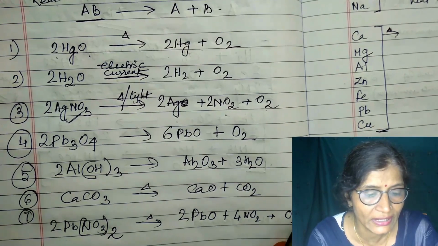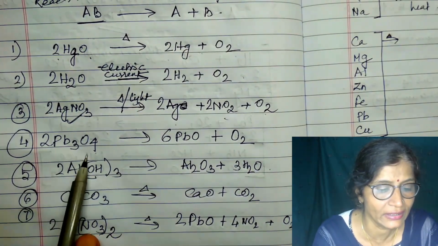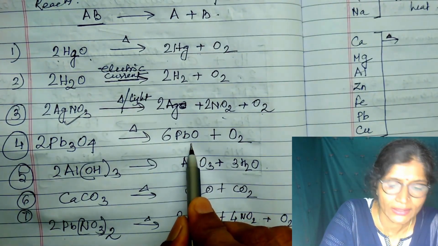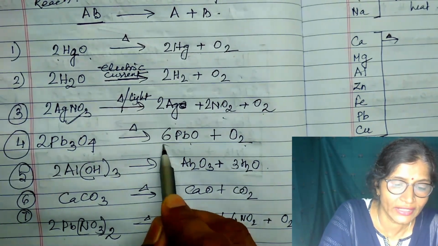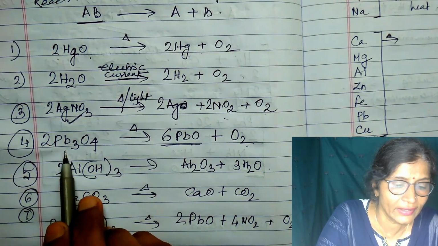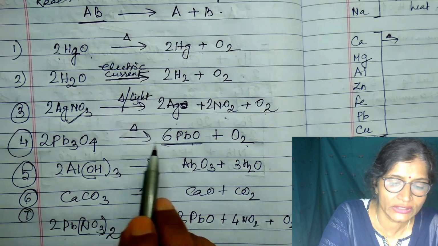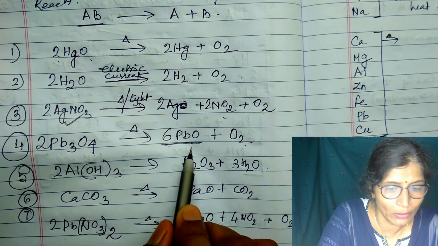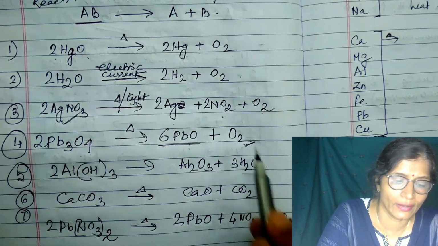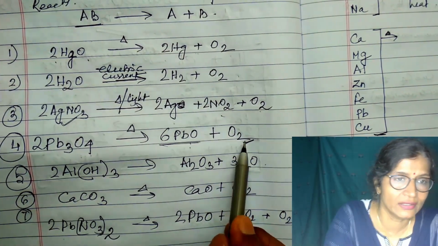More examples are there. Red lead, which is red in color, when heated will give lead oxide and oxygen. Lead oxide is yellow in color. The red colored compound decomposes and gives a yellow colored compound, and along with that a colorless gas which rekindles a glowing splinter.